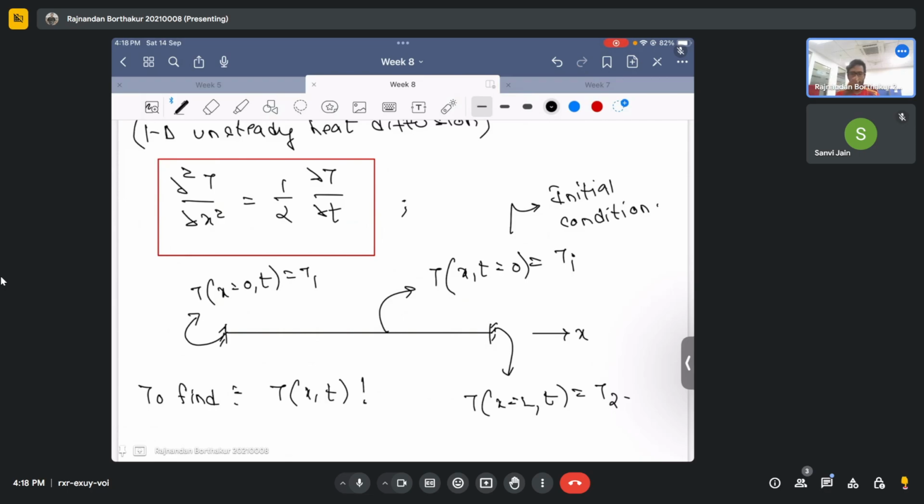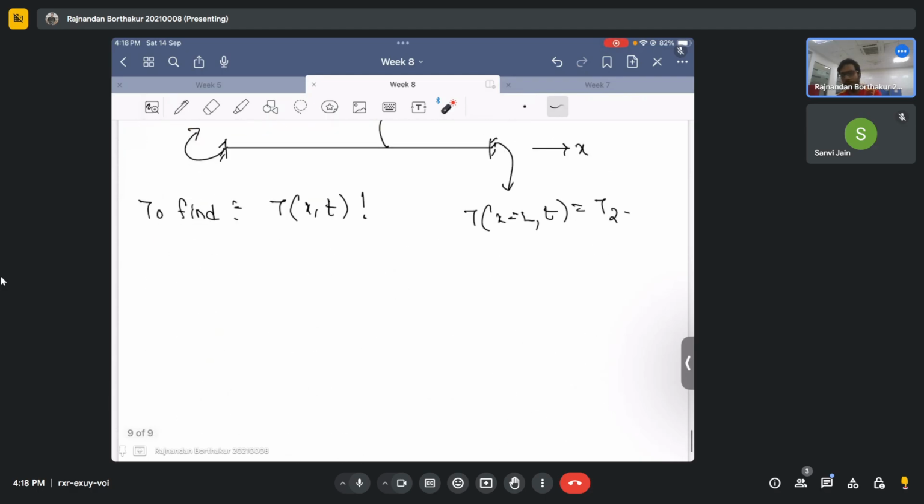As we have seen, if you can establish a relationship between x and t, you can use the method of similarity solution. But we will not do that. We will use numerical methods to solve this unsteady problem. All right, so let's start off.